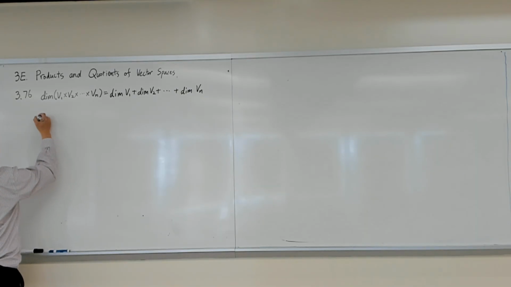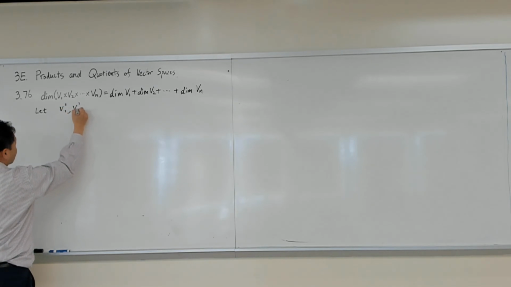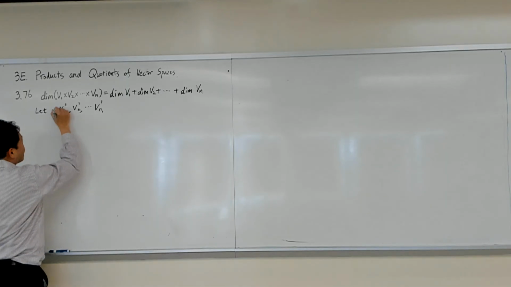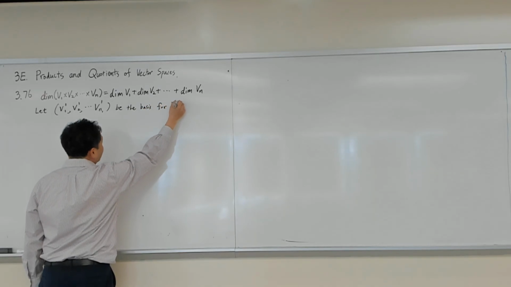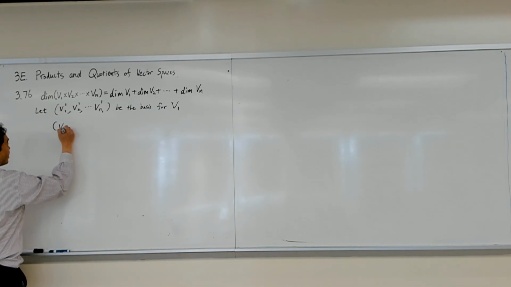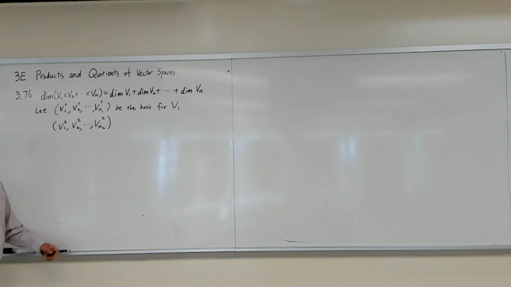We can say, let V1 1, V1 2, and so on, V1 N1 be the basis for V1, and then V2 1, V2 2, and so on, V2 N2, where N2 is just another number.